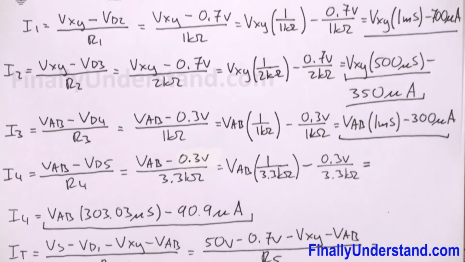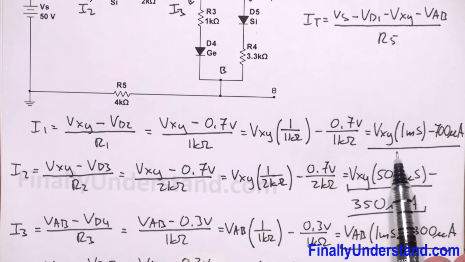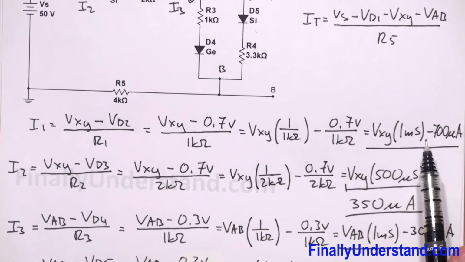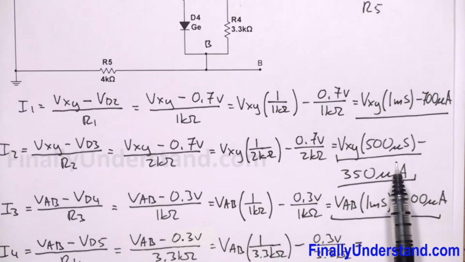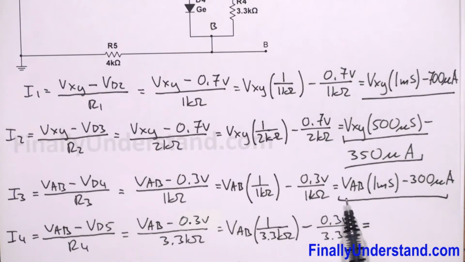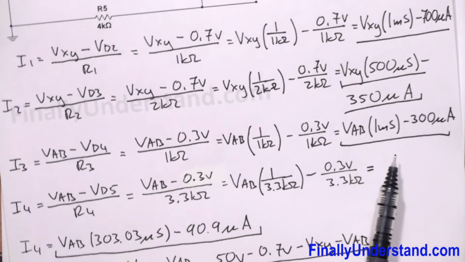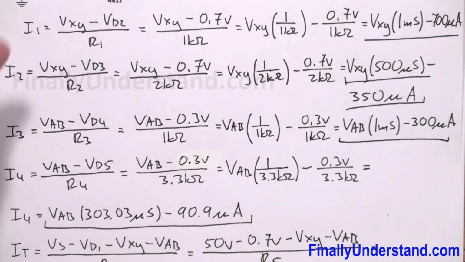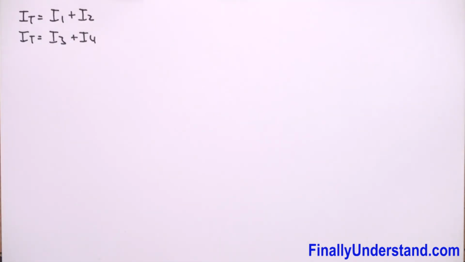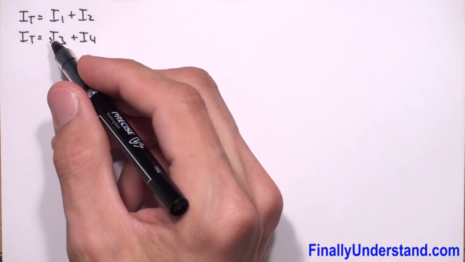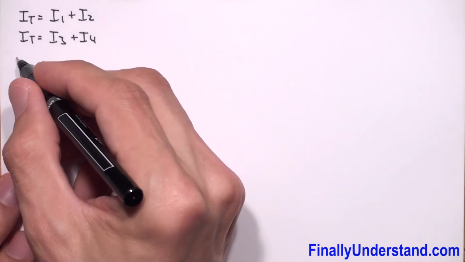Okay, instead of I1 I'm going to write this. Instead of I2 I'm going to write this, and instead of I3 I'm going to write this, and instead of I4 I'm going to write this. Okay, so let me get back to the equations.